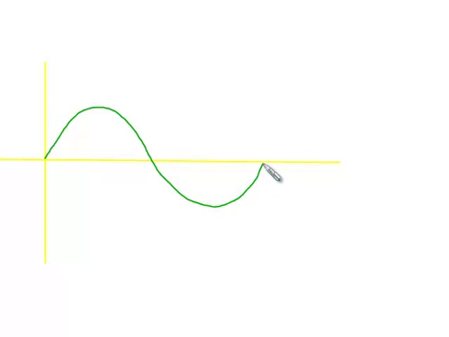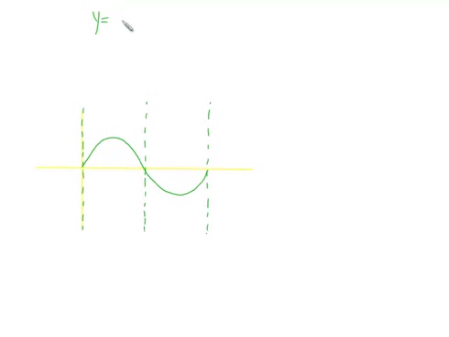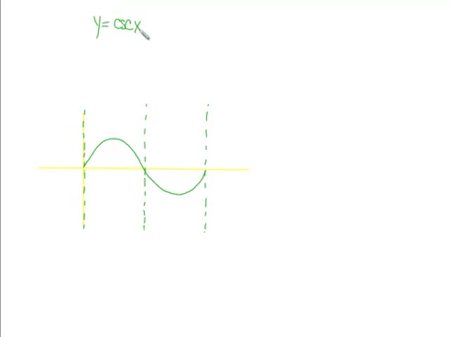So here's a sine curve. Notice that this would give us asymptotes. If we were looking at cosecant, this would give us asymptotes here and here and here. So this would just be our y equals cosecant of x.